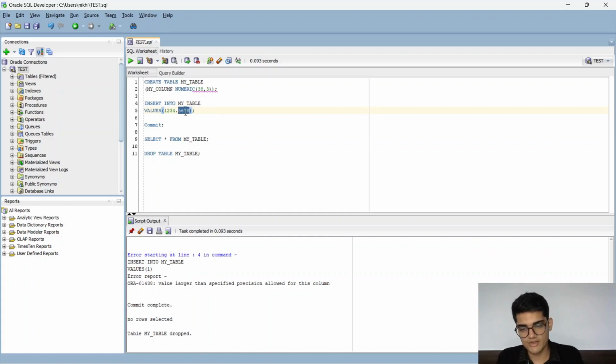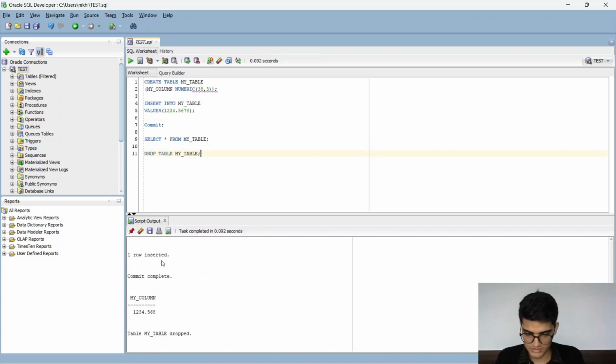So here we have 4 decimal digits, however we are taking scale only 3. Now let's run the script. So as expected, our value got rounded off and we got 1234.568 because it's just rounded off.